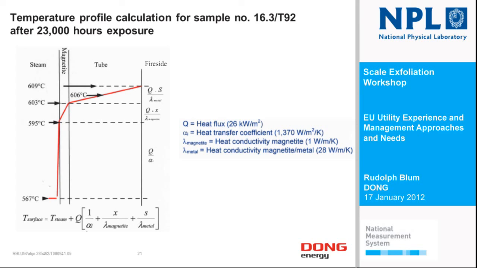Then you have an increase of the magnetite layer, and if you want to simulate the surface, you have to simulate hour by hour, increasing this thickness, increasing this insulation effect, increasing the oxidation constant, because here we take the temperature for the oxidation constant, in this position 603 centigrade, and this goes up and the oxidation goes faster.